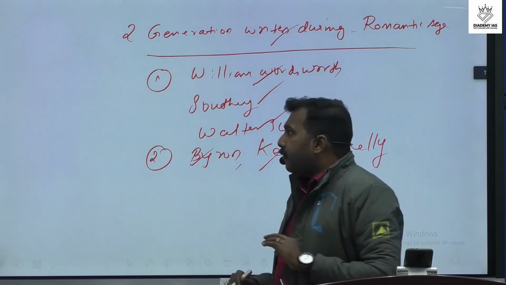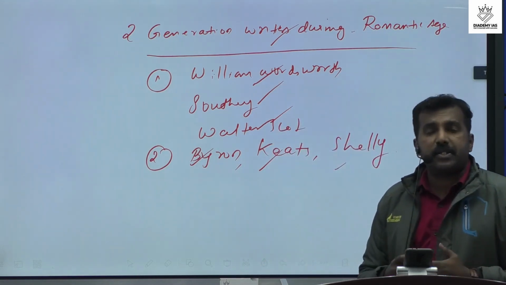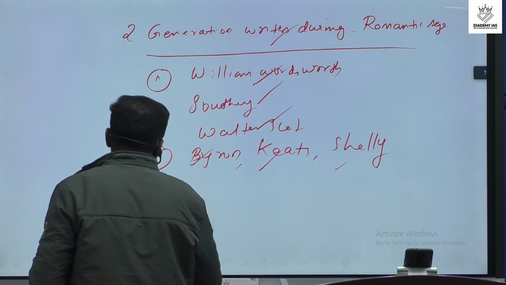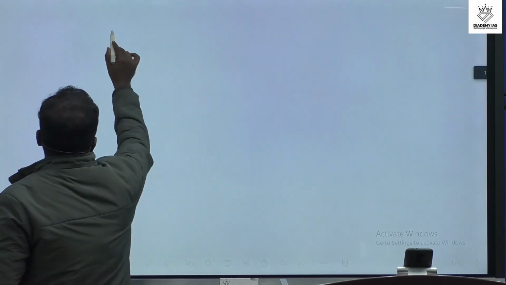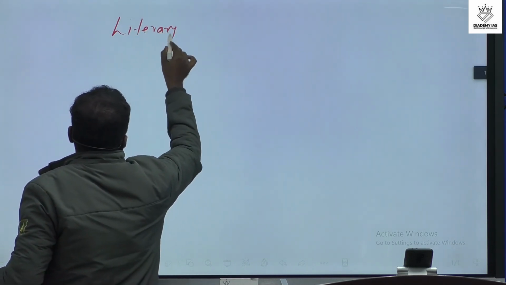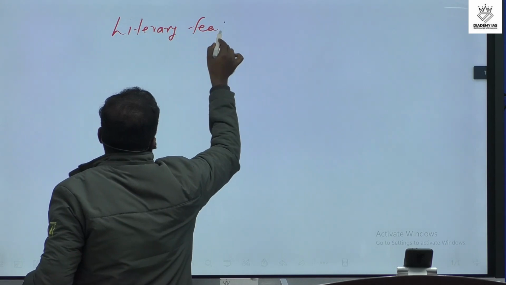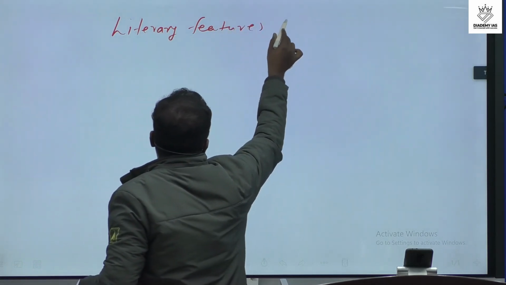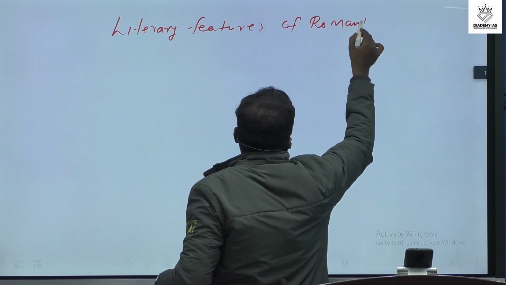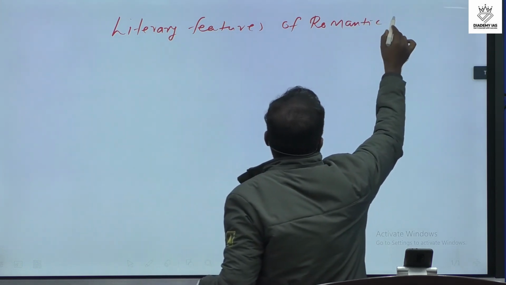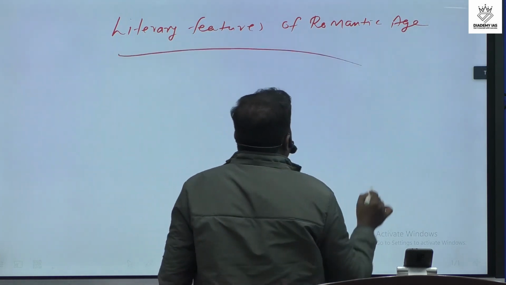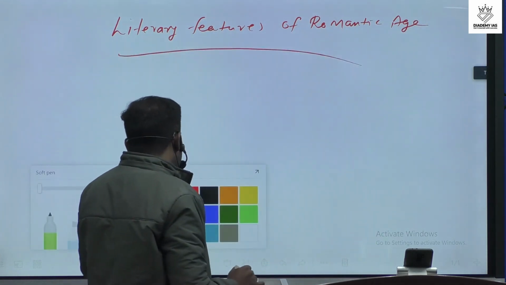The next one: what are the literary features of the Romantic age?